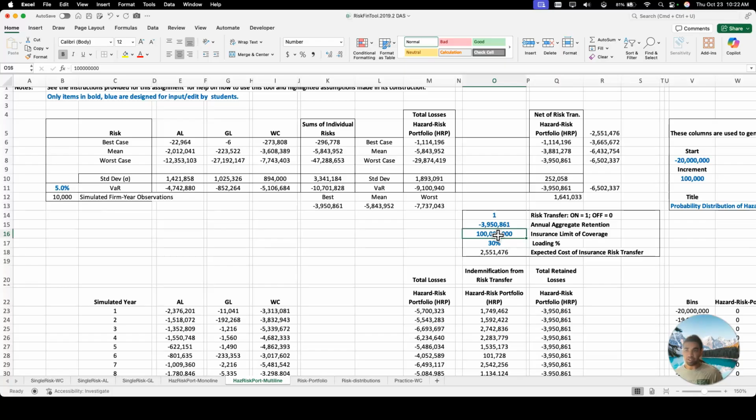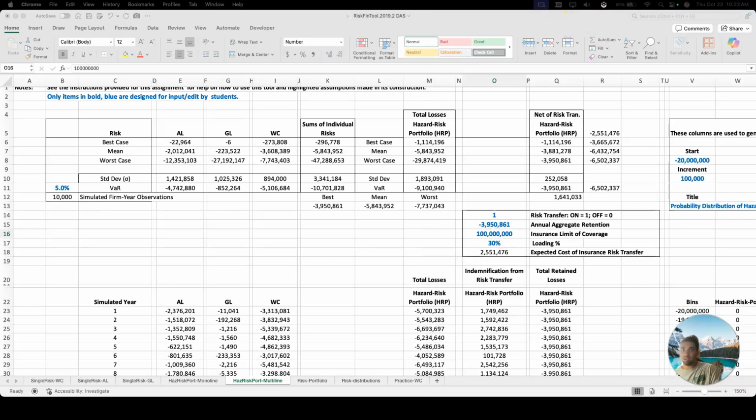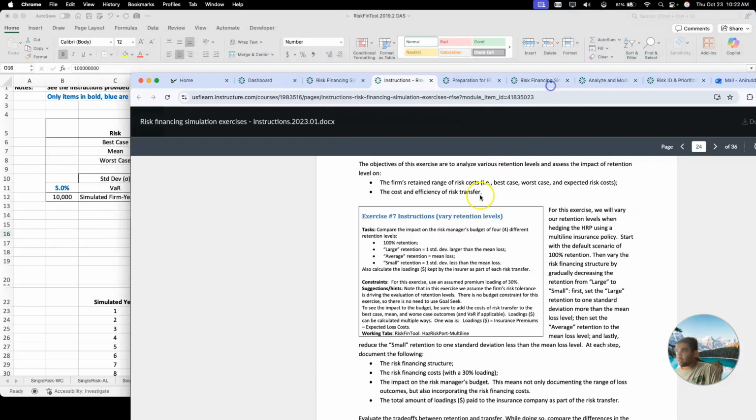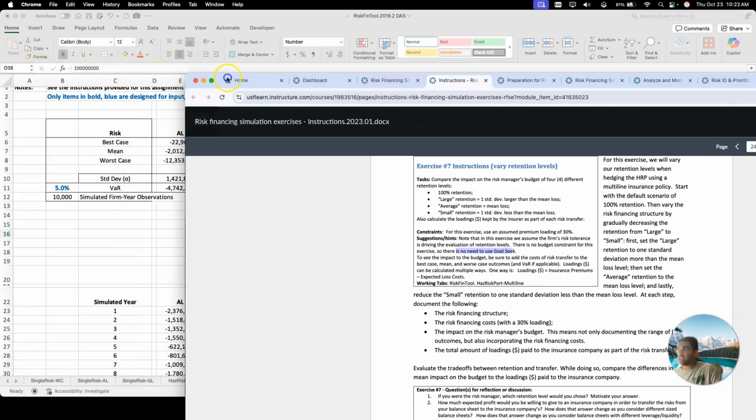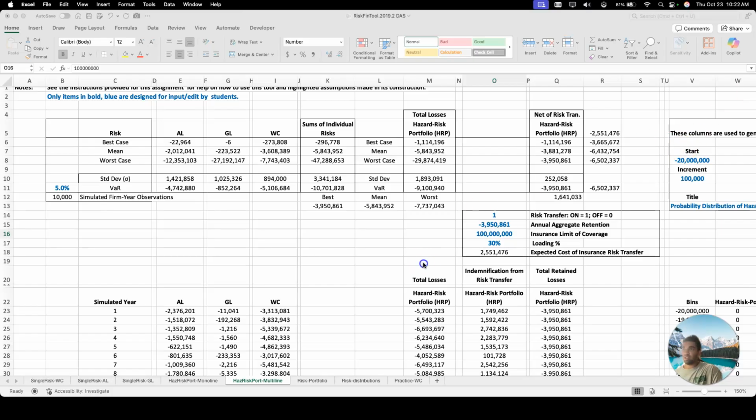Because we don't have a budget. If we go to the instructions, you can see there is no budget constraint for this exercise, so there's no need for goal seek. If there's no need for goal seek and there's no budget, we only need to find the adequate limit of coverage to get the highest as possible.